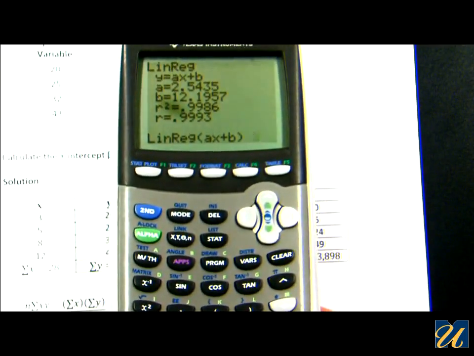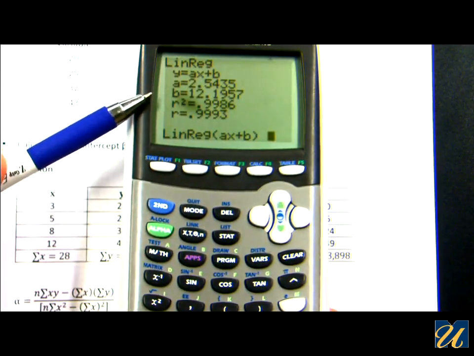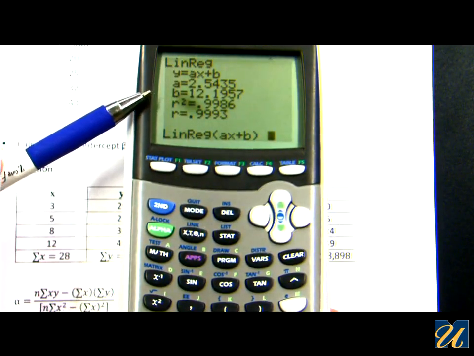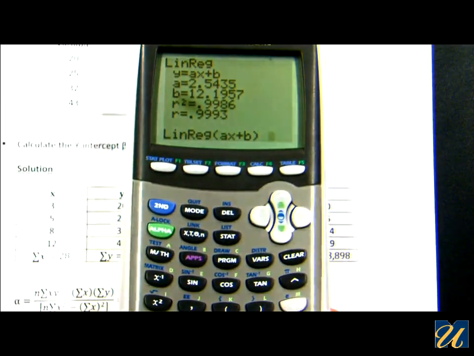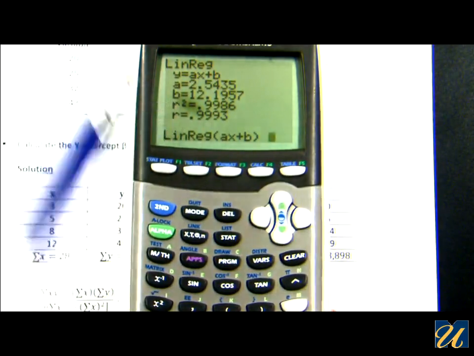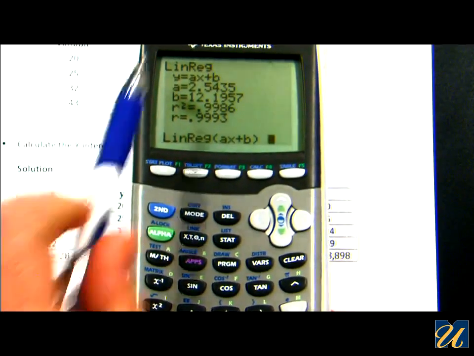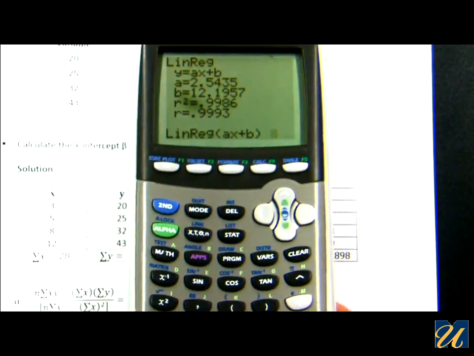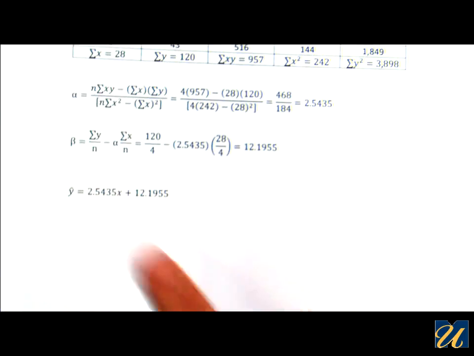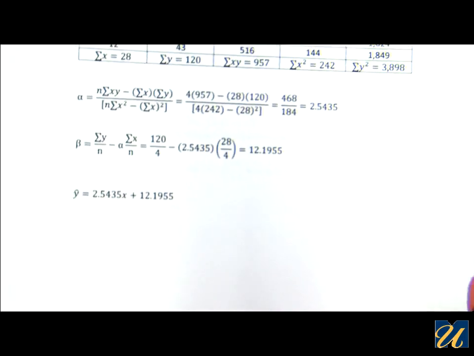You have the slope, a, 2.5435. You have the y-intercept, 12.1957. You have the correlation coefficient, r, and the coefficient of determination, r squared. So all the needed information is in this screen right here. So the formula based on that would be y is equal to 2.5435x plus 12.1957.